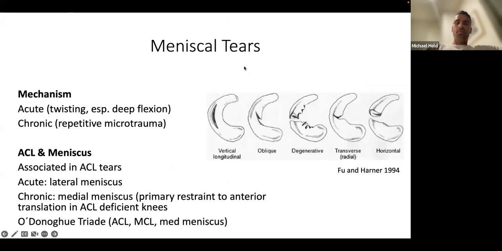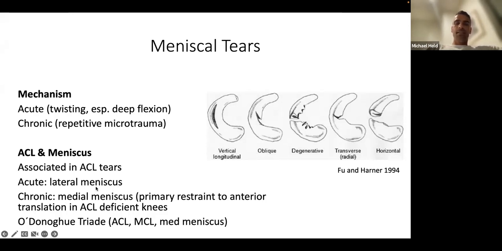So when we describe meniscal tears, we can describe them morphologically, and this is Freddie Fu and Hana that came up with this. It's just various types of meniscus damage, which is nice to communicate with someone if you see it on an MRI scan or doing an arthroscopy.